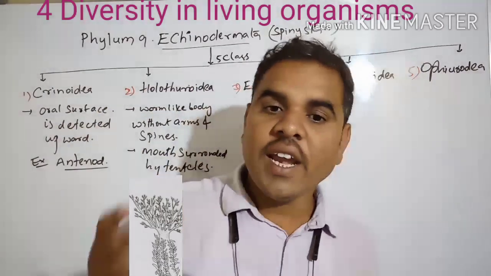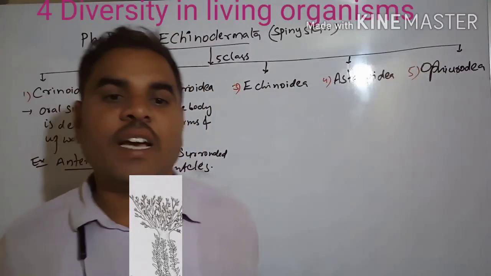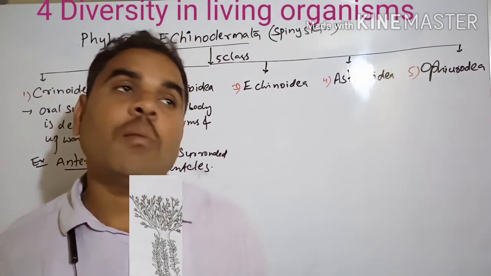Next, Echinoidea: spherical, lacking arms.